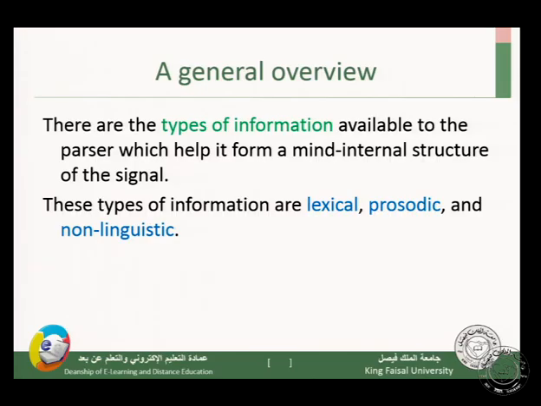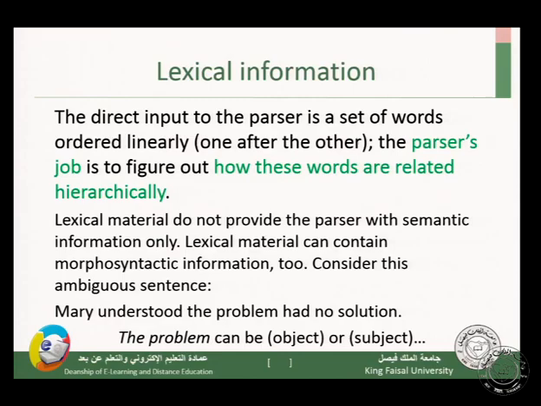There are three types of information which help your parser create this syntactic structure. The first is lexical information. The second is prosodic information, and the third is non-linguistic information. We're going to look at these three types of information in detail in the next few slides.